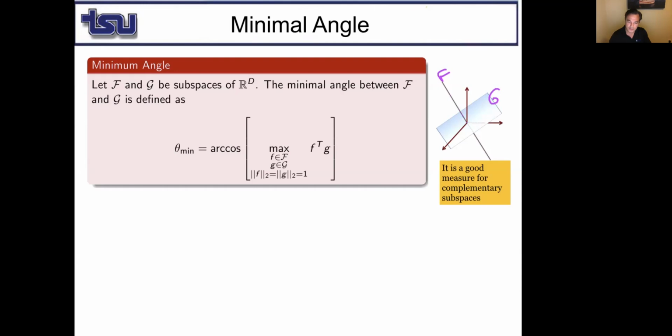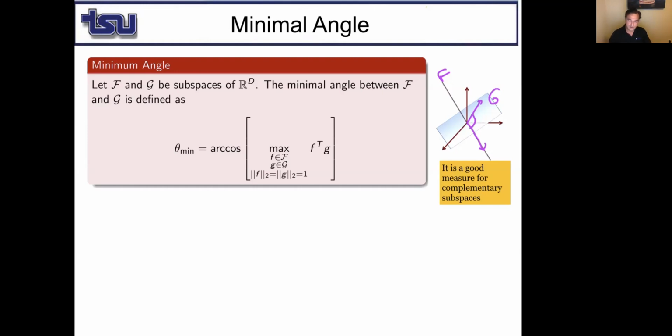However, if this is a vector there and this is another vector here, that's the angle between them. So angles are different. Think about all possible angles between all possible vectors. One comes from the first subspace, the other comes from the second subspace. Get the minimum of those angles.